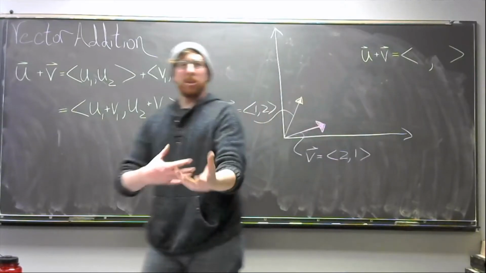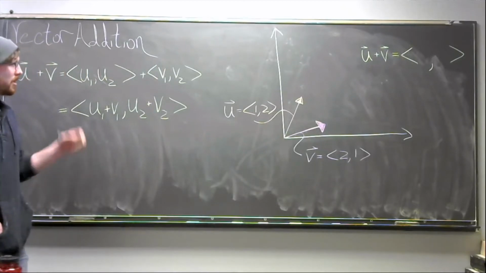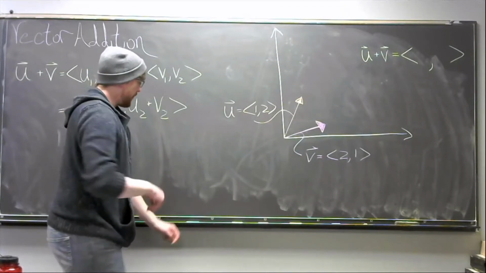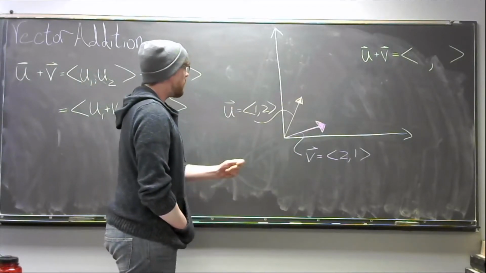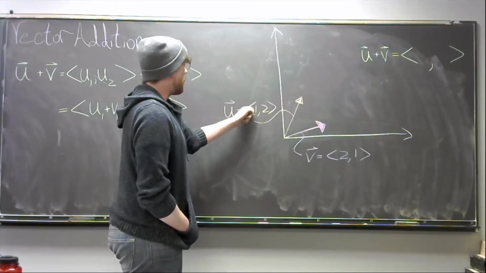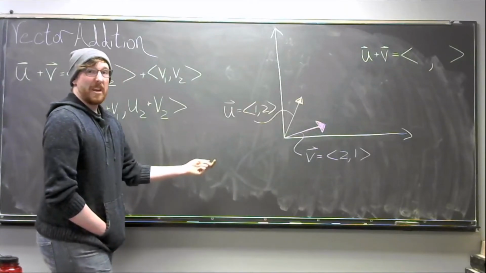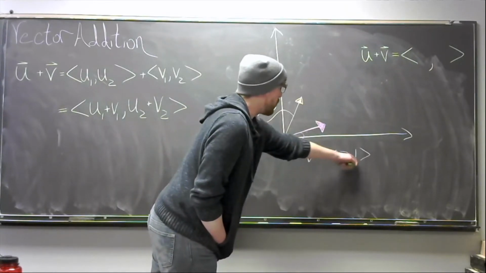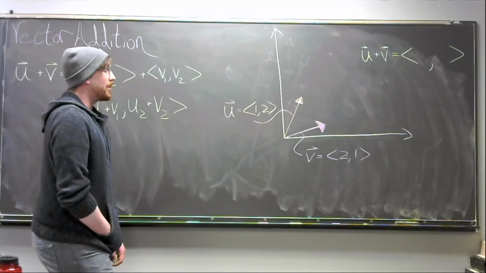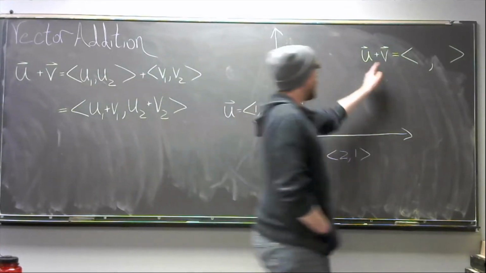So what does this mean geometrically then? Let's use an example. Let's say we've got the vector u, which is equal to the components 1, 2, and the vector v with components 2, 1. Well, u plus v is going to come out to be the vector with components 3, 3.